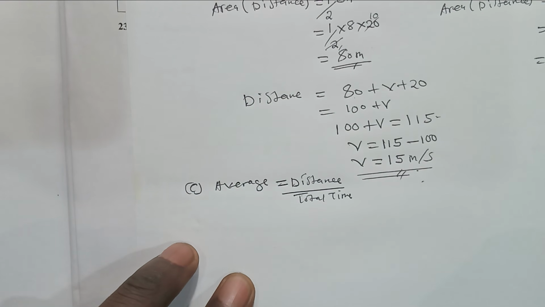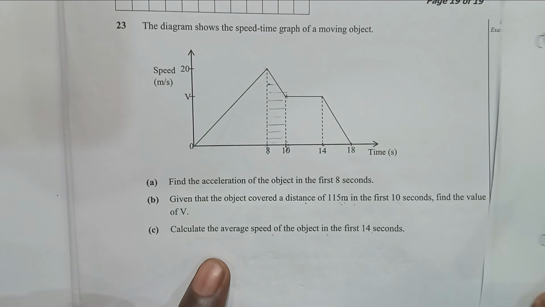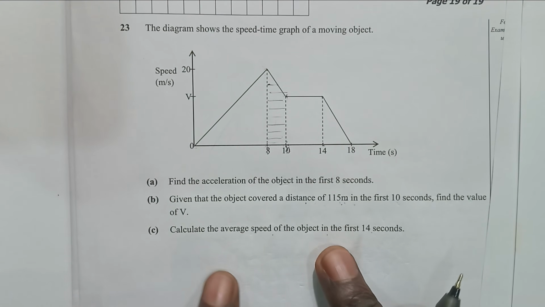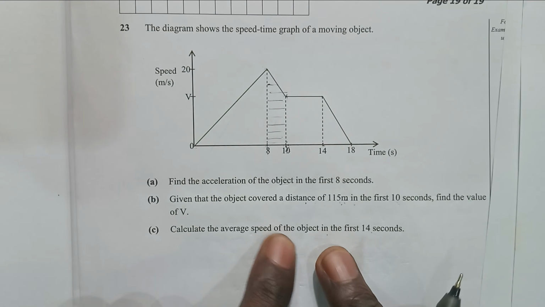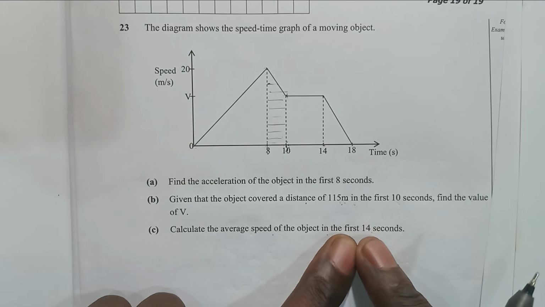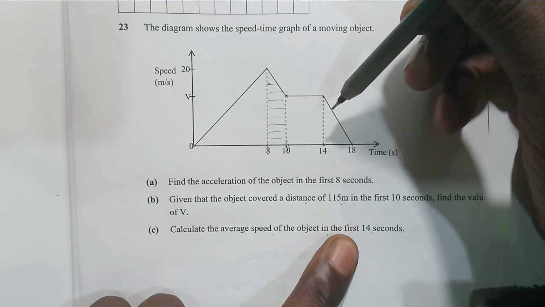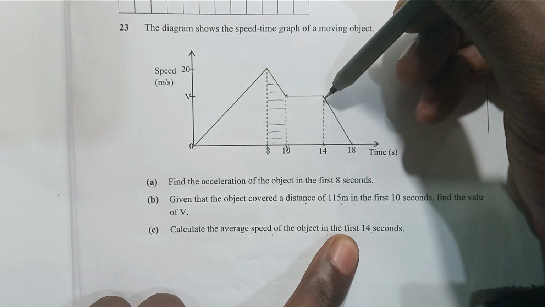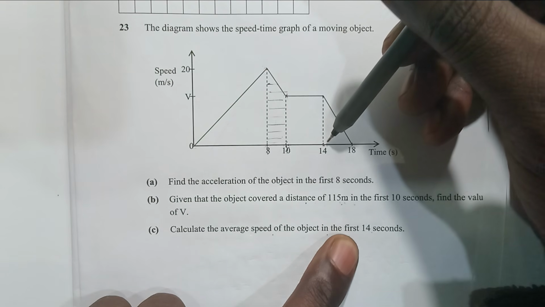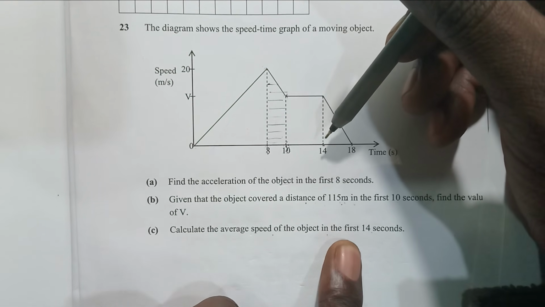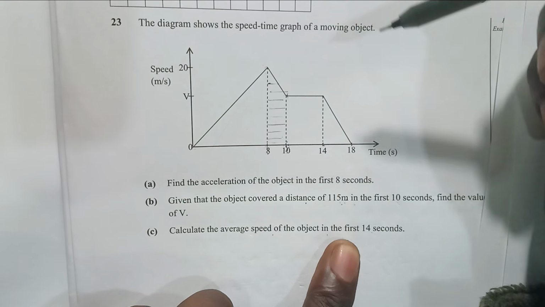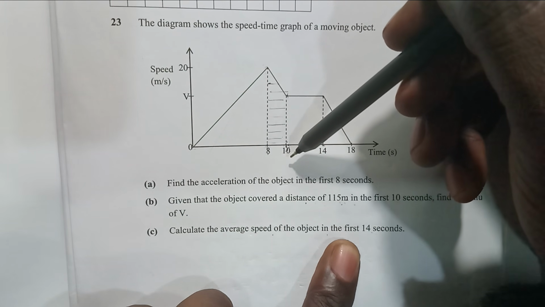Now, when we look at what the question has presented here, average speed of the object in the first 14 seconds, meaning we need to know the distance up to this part of the diagram here. But as far as we are concerned, we have just calculated the distance up to the 10th second.